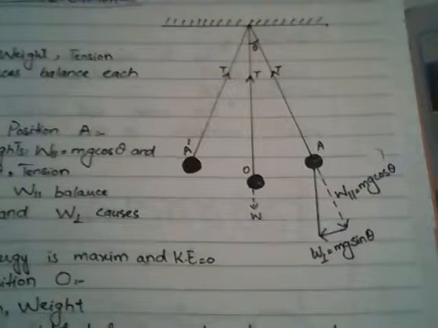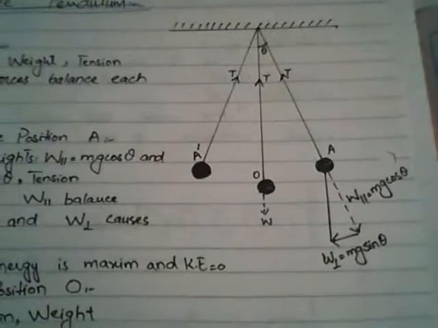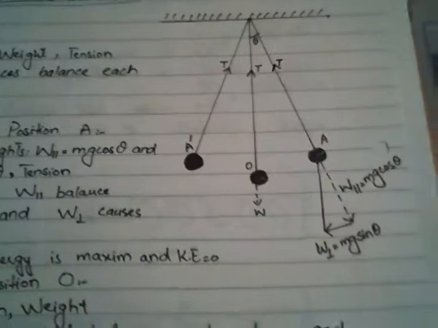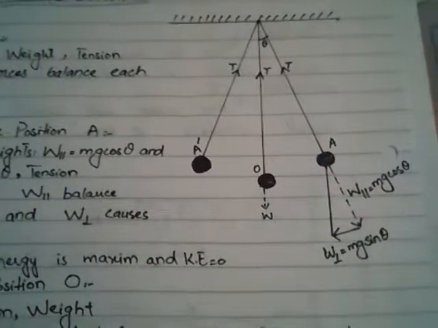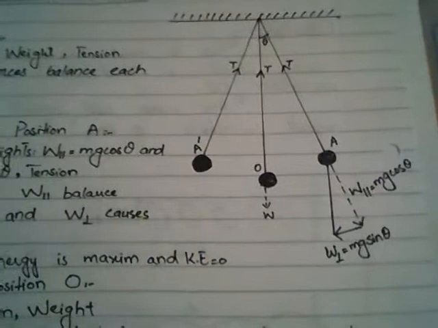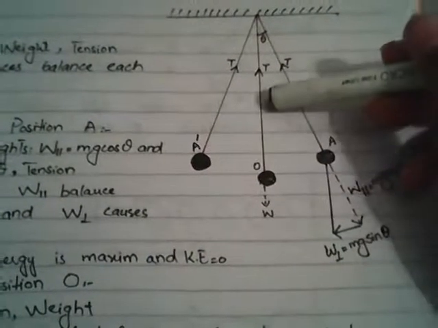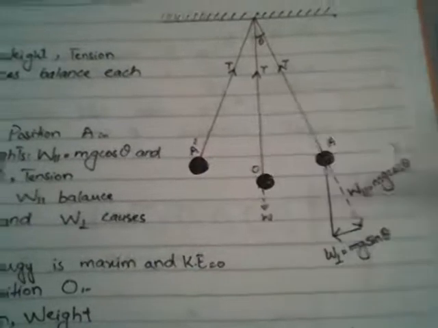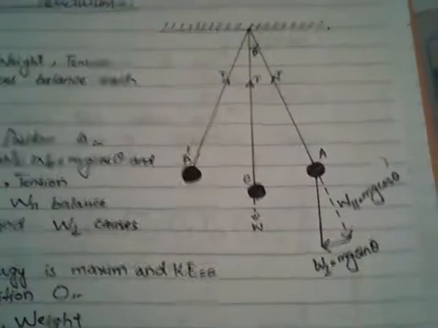This is the rest position of the bob when there is no force applied to it. When there is no net force acting on it, the only two forces are the weight and the tension in the string. These two forces balance the bob, and there is no resultant motion of the pendulum.